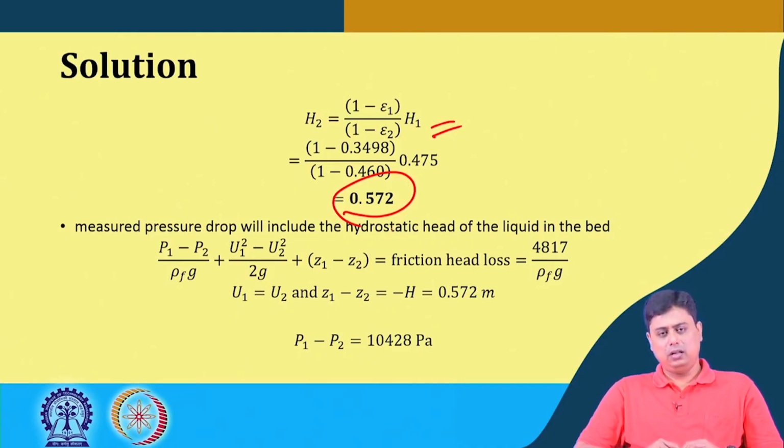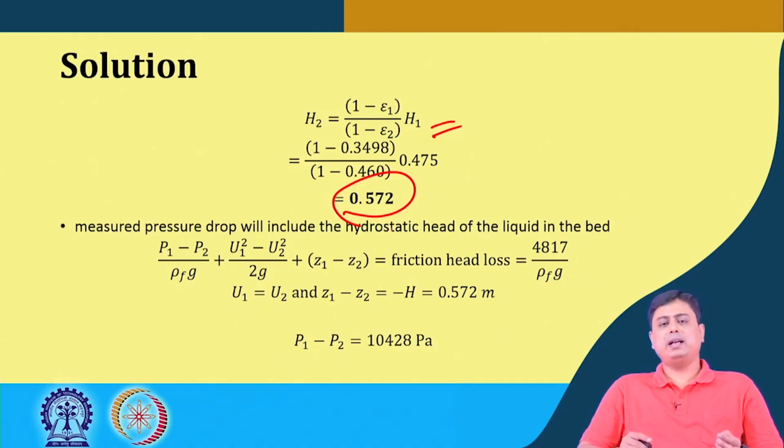Now, the last part was what would be the pressure drop at that superficial velocity. Now, the measured pressure drop, as I said, will include hydrostatic head of the liquid in the bed, because the frictional pressure loss or the frictional head would be the same during the fluidization.